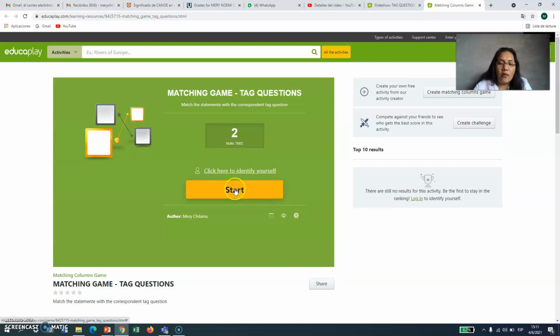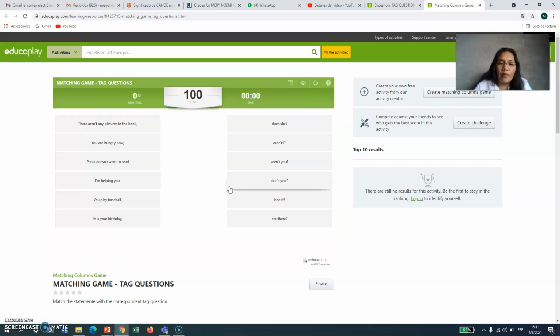The students will have to join the presented statements with the corresponding tag questions. The teacher will check the answers online and the students will read them to the class, and mistakes will be checked.